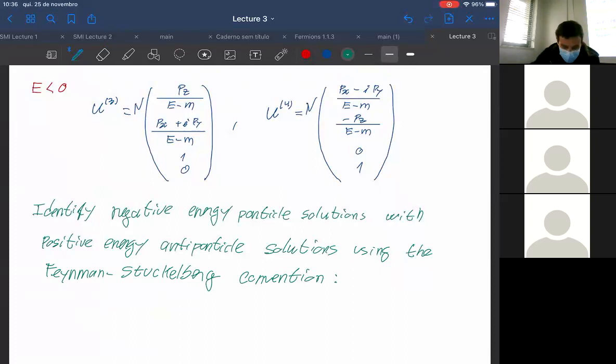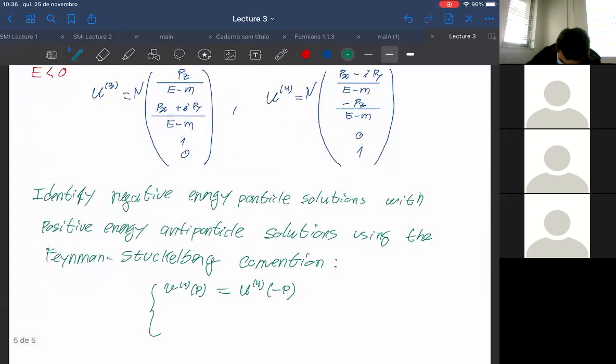We will call v1(p) equal to u4(-p), where p is the four-vector.